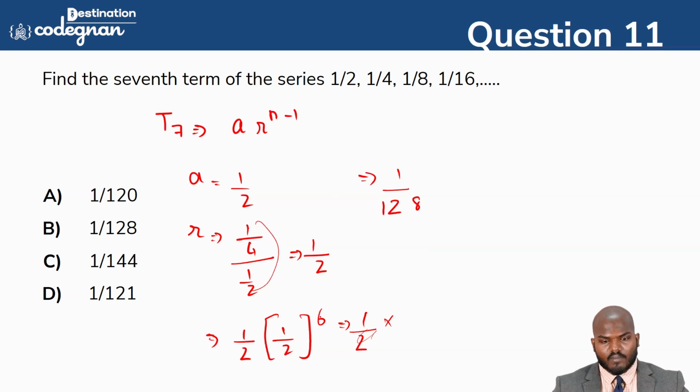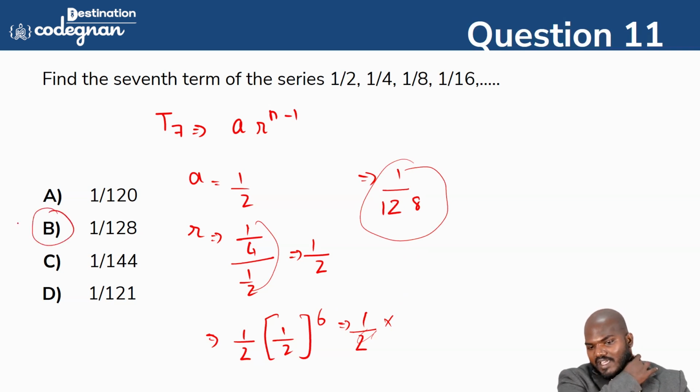If you combine this, it becomes 7. So 2 power 7 will give the answer 1 over 128. So 1 over 128 is the correct answer of this question. Okay, guys, are you clear about this one? I'll go for the next one.